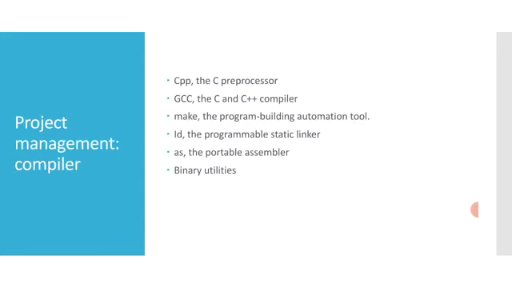It includes the GNU compiler for C and C++ programs, as well as a collection of supporting tools that provide a complete development toolchain: CPP, the C preprocessor; GCC, the C and C++ compiler; Make, the program building automation tool; LD, the programmable static linker; AS, the portable assembler; and binary utilities.